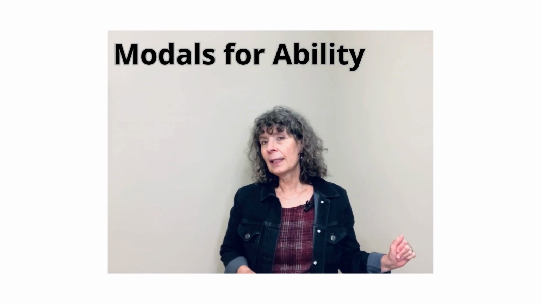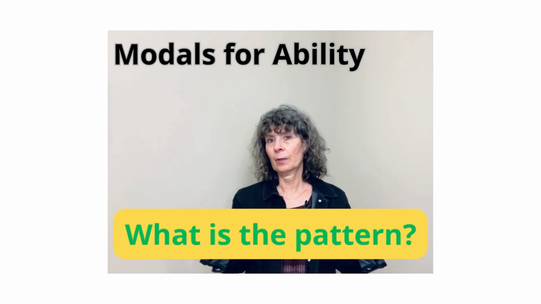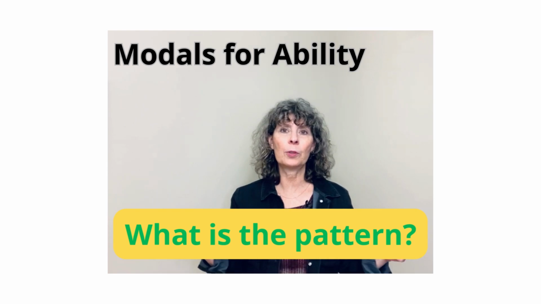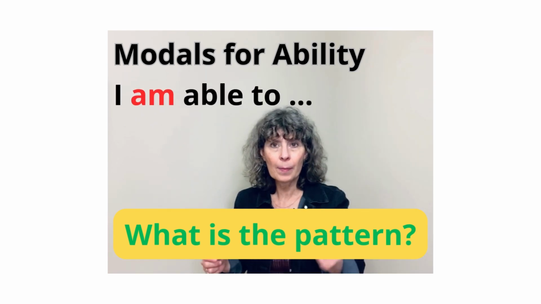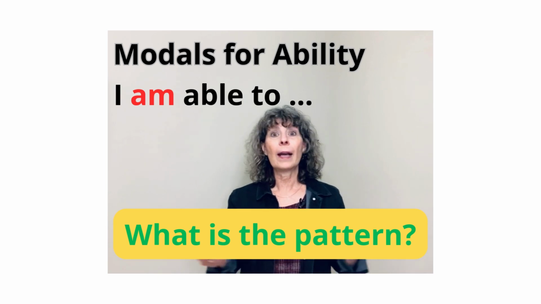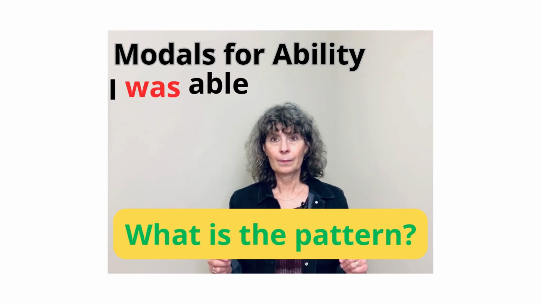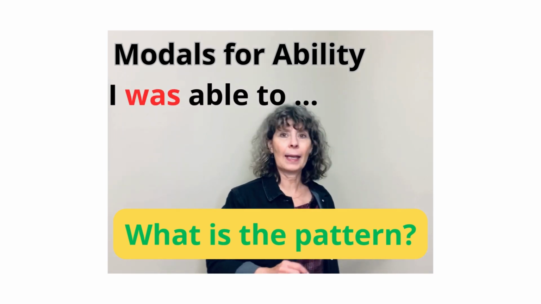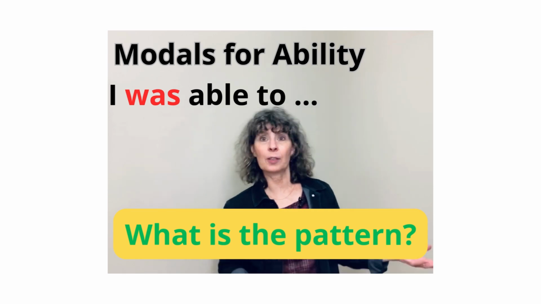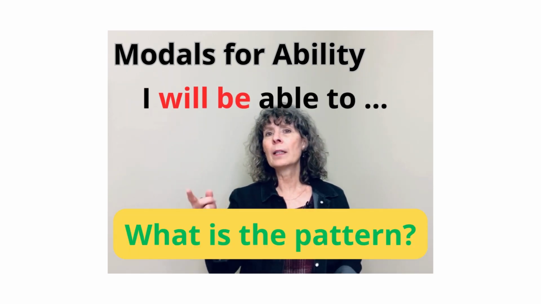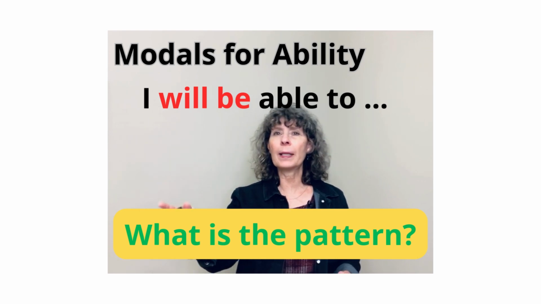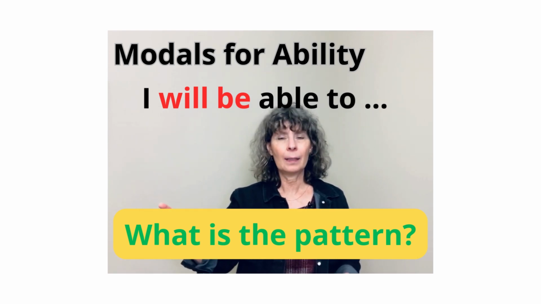Do you see the pattern here with be able to? How do we conjugate it? I am able to ride a motorbike. I was able to drive very fast when I was younger. I will be able to speak Italian next year.